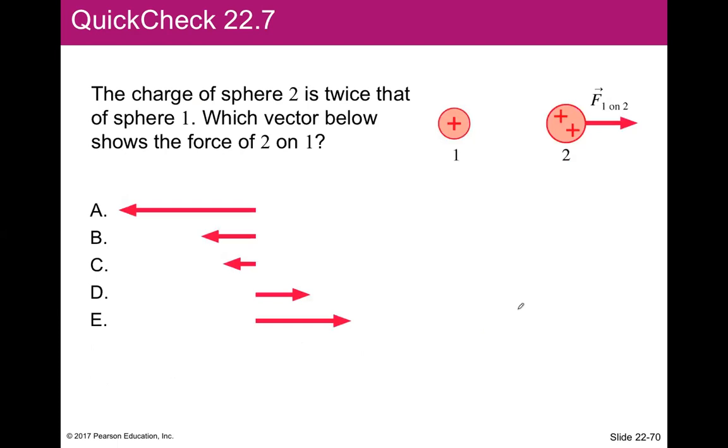Okay, what about this one? Now you see the force 1 on 2. What is the force of 2 on 1?